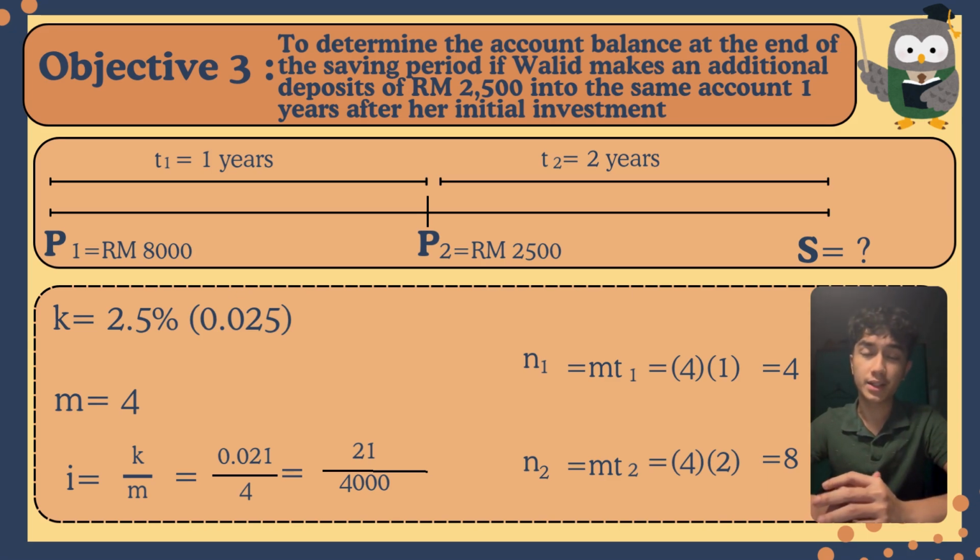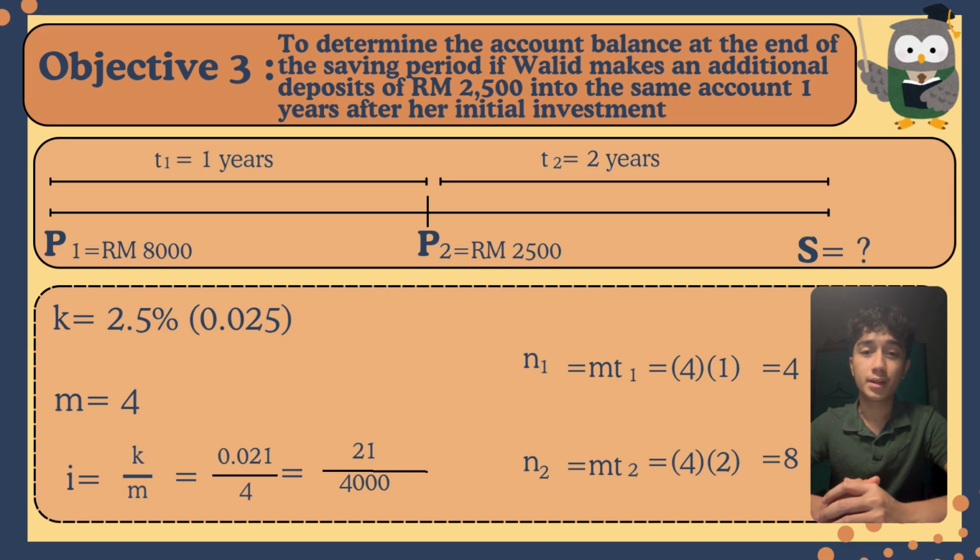So let's insert it first in the timetable. For P1 equals RM 8,000, and P2, as mentioned, is the additional amount RM 2,500, and S equals unknown, so we need to find it first.